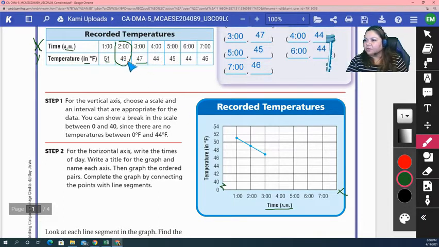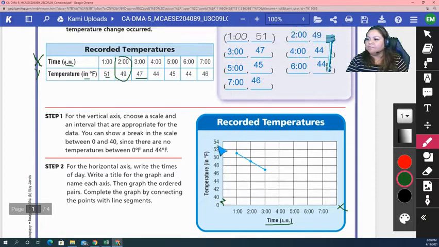See, our smallest number is 44. And so what they're doing is just starting at an even number, 40, and then going up by twos. 40, 42, 44, 46, 48, 50, 52, and 54. And that is reasonable.